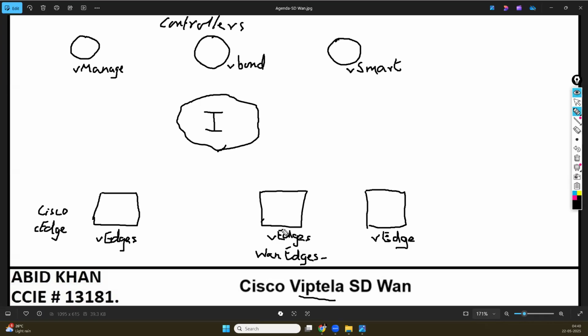WAN edges also will have a console. The administrator can connect his laptop through this console and configure some initial configuration. So vBond and vSmart will also have a console on the server.